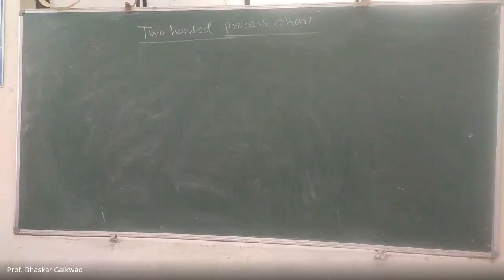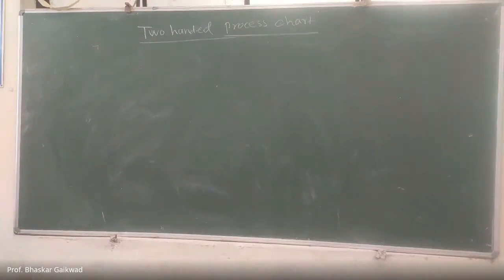So the next chart is the two-hand process chart. Two-hand means we can use both our hands for operation purpose, left hand side and right hand side. Descriptions of the activity and all the symbols we can use here.